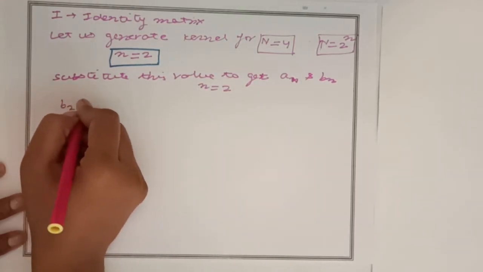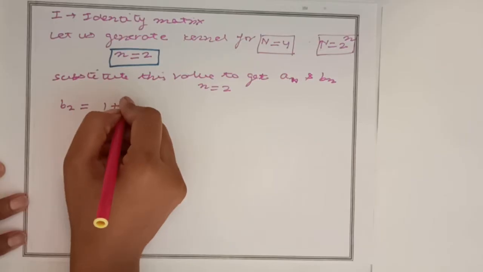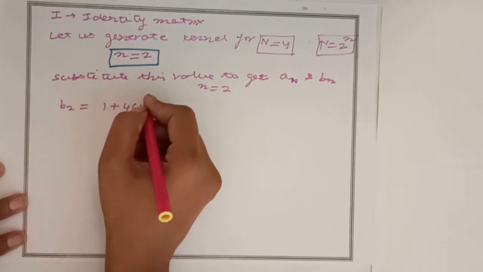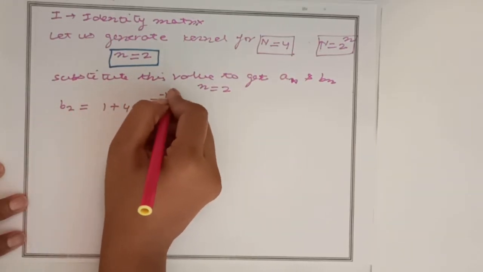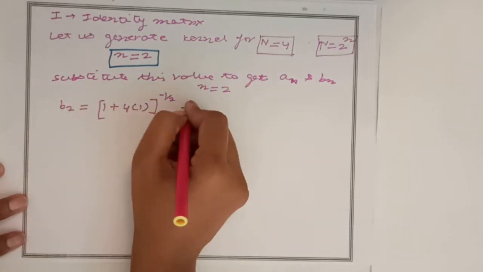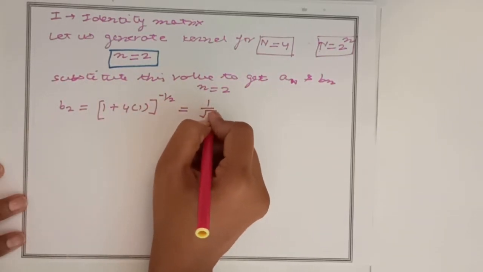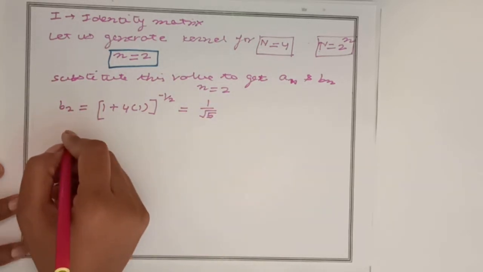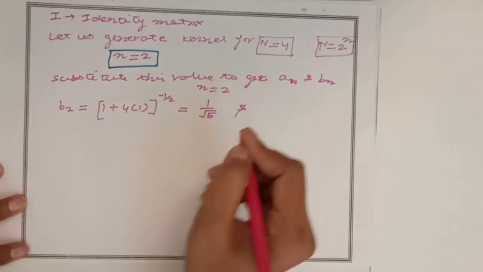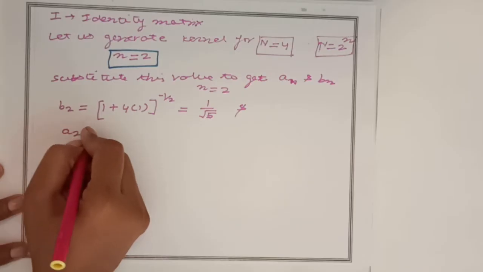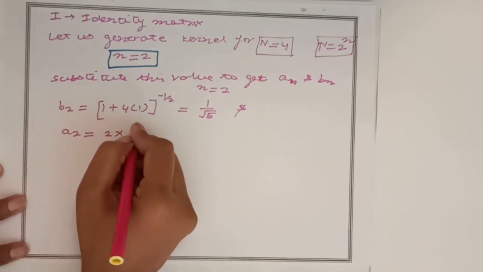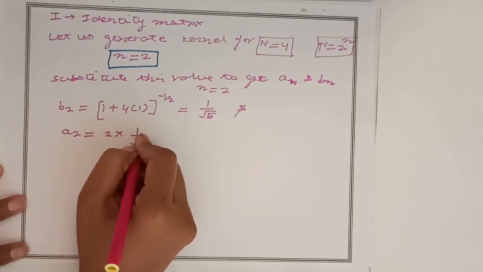So b2 will be 1 plus 4 into 1, raised to the power minus 1 by 2. If you simplify it, you will get 1 upon under root 5. And a2 is 2 into 1 upon under root 5.